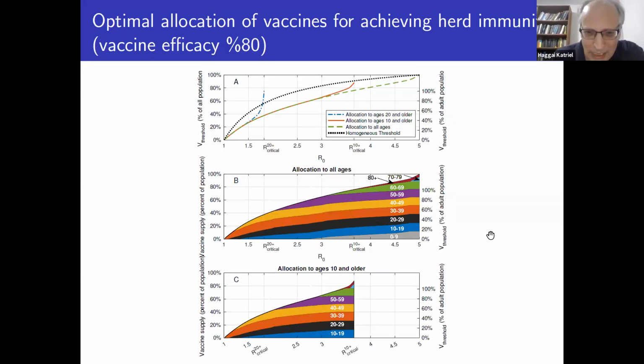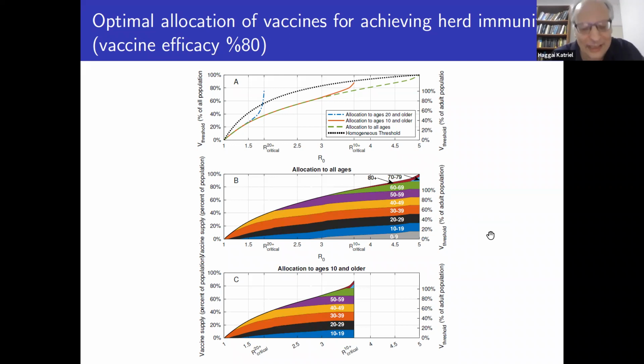Could I ask something too quickly? This age group 70 to 79, why does it start at this very high R0 value? Why doesn't it look like the other ones? Is there an intuitive reason? Why does 70 to 79 start later than the 80 plus? I can't answer. I think we noticed this.